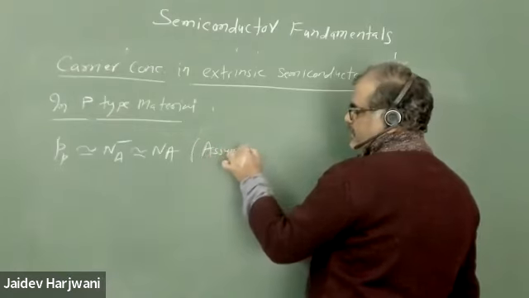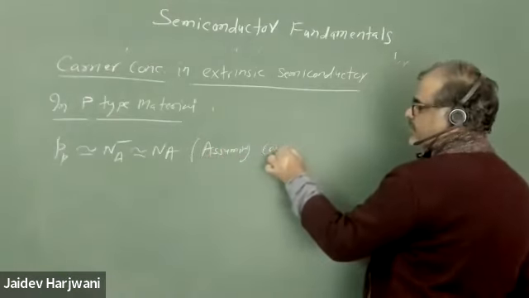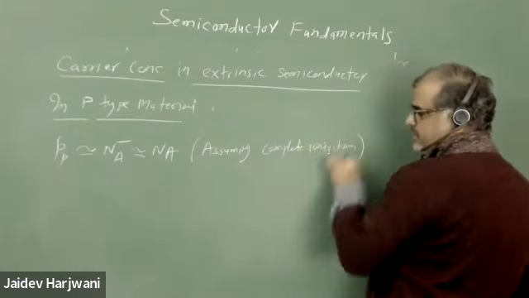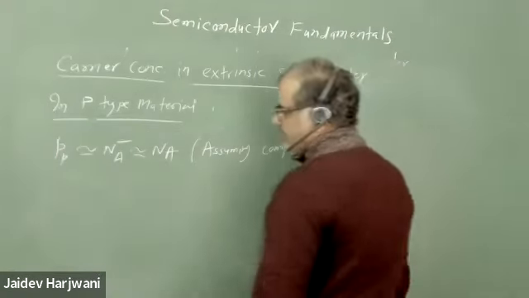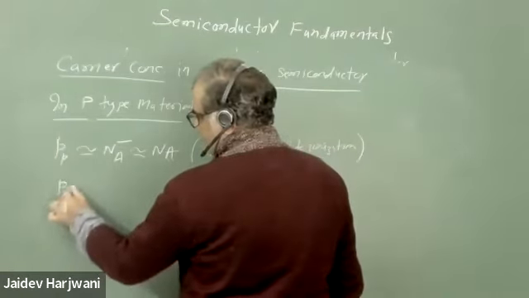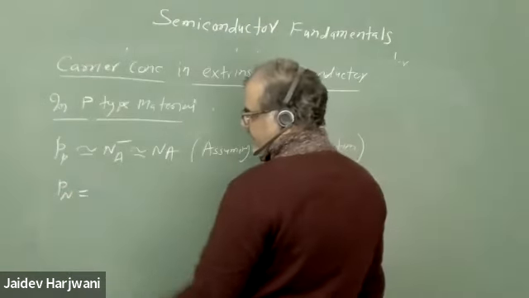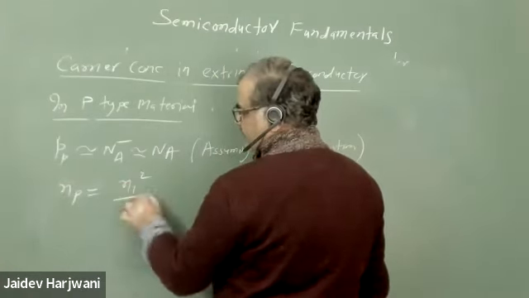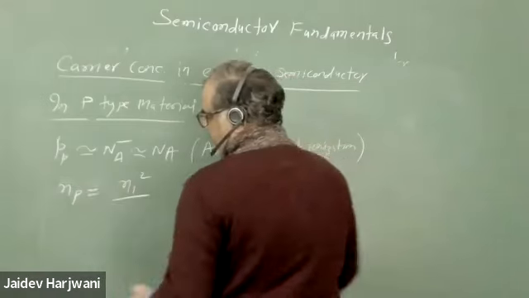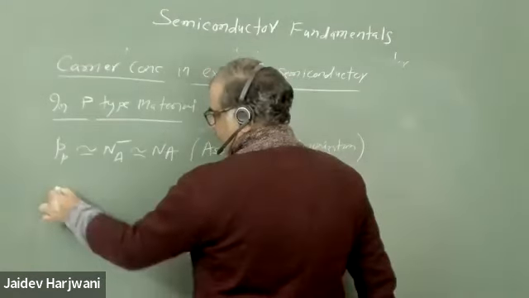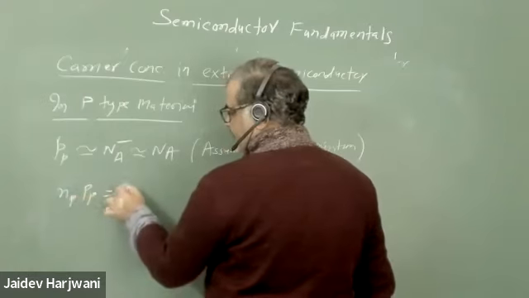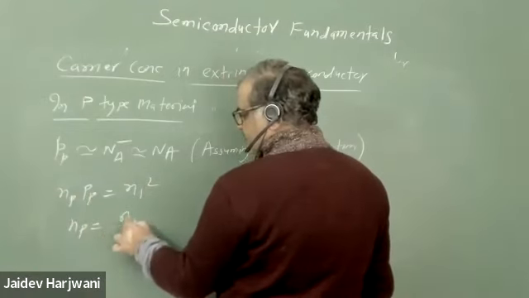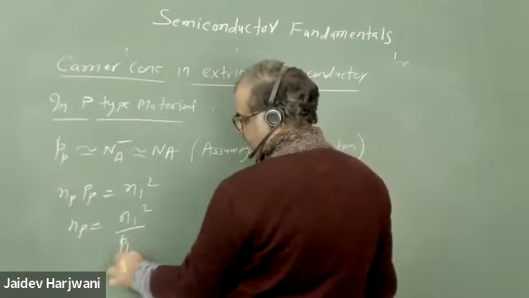Then I can find the number of electrons in p-type material by using the formula Ni square. Since it is p-type material, np times pp should equal Ni square. So I can find the number of electrons in p-type material equals Ni square upon pp.